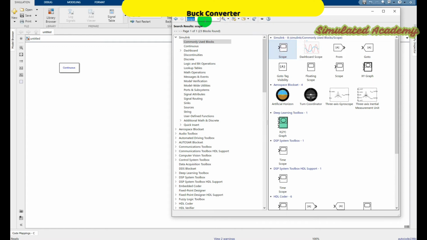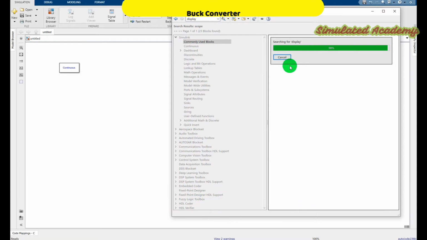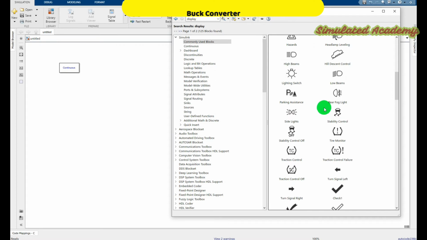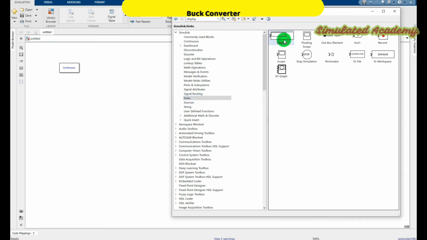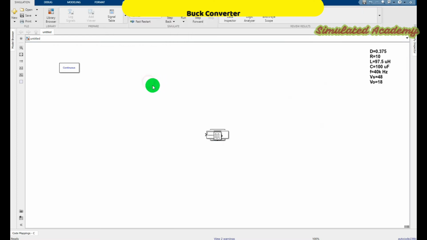You can also place a display. Now go to the sources and place a pulse generator. Components are done. Now arrange the components and make a buck converter.